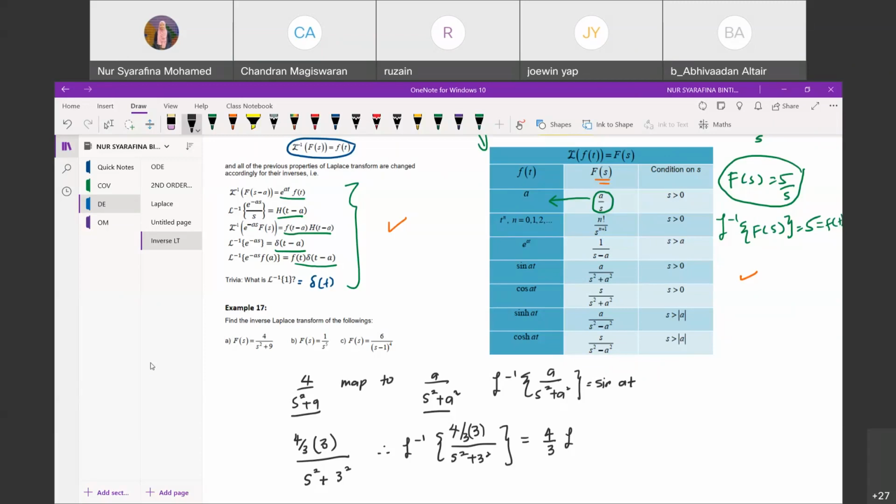You can put the constant outside. So 4 over 3 times the inverse transform of 3 over s squared plus 3 squared. As you can see, this is a, this is a, this is 3, and this is 3. So the inverse transform is 4 over 3 sine 3t. So this is your f(t). Understand or not?